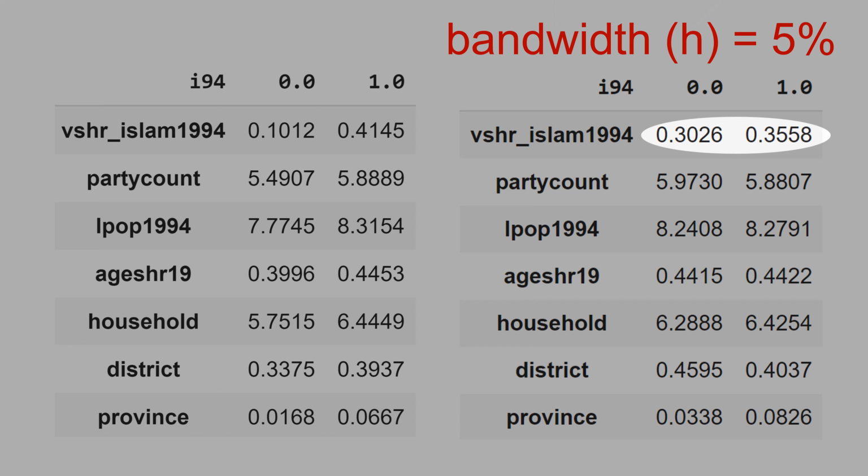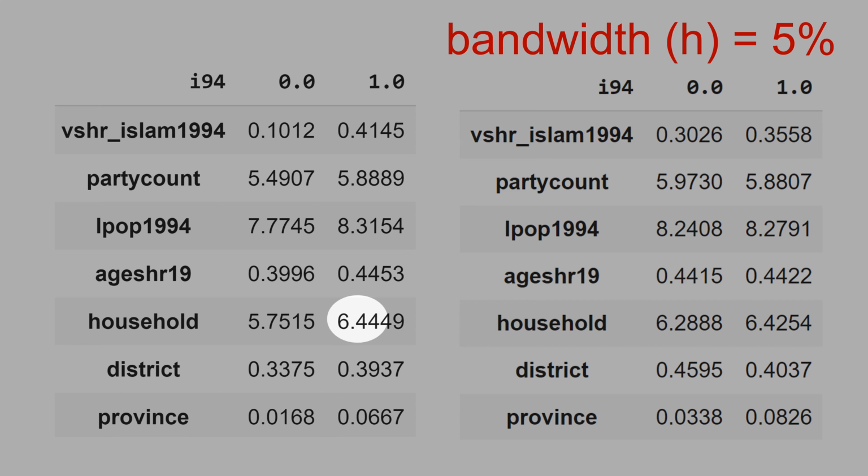See that the Islamic voting share now is 0.3 against 0.35. In an experiment, you expect this difference to be smaller, but it is not that bad compared to the naive comparison. If you see a big difference, you want to add these as control variables in the regression discontinuity framework.